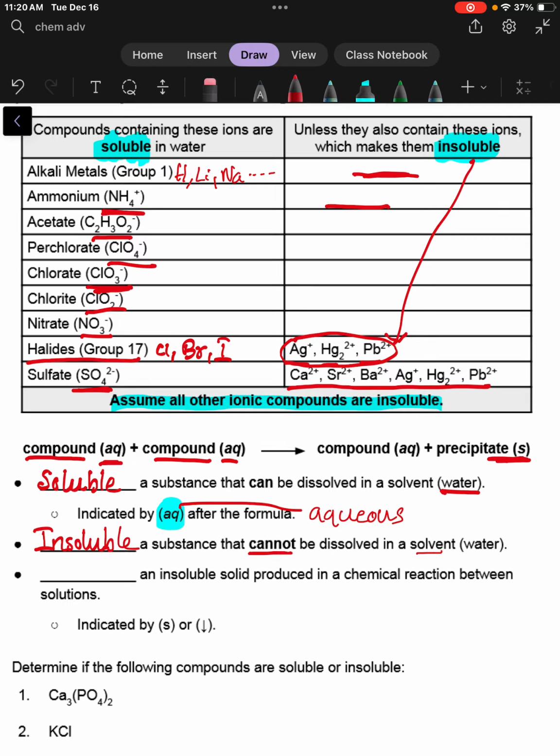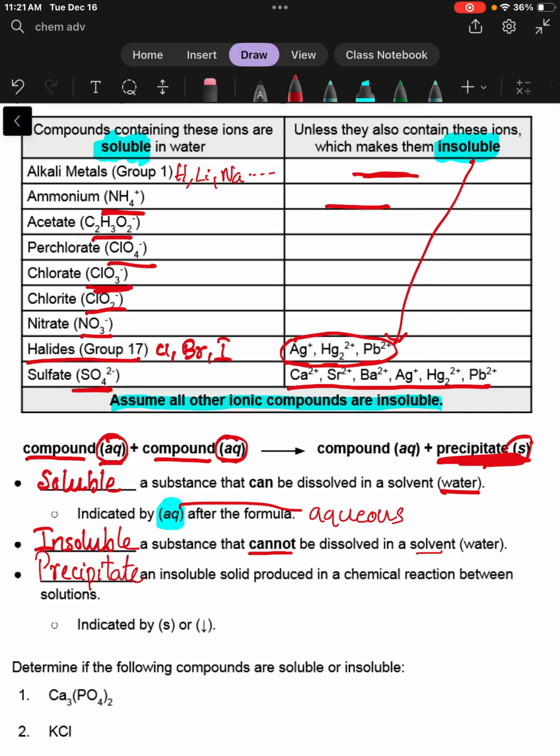But during a chemical reaction, say you are mixing two aqueous solutions, two clear solutions, and you are getting a solid from the reaction. That is called a precipitate. That is a term used only in chemistry.